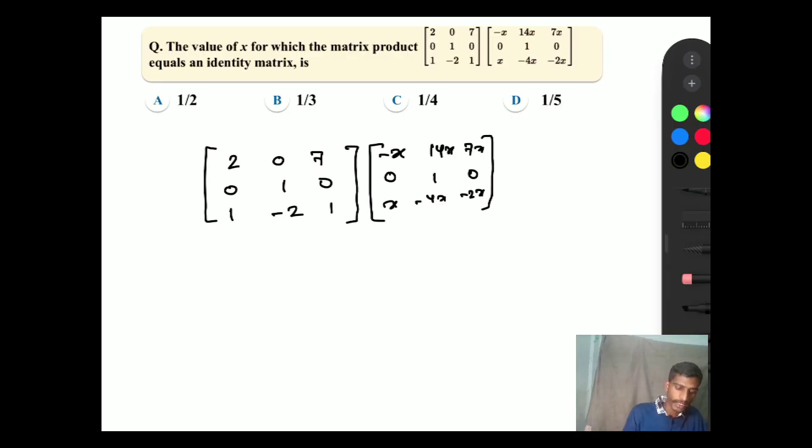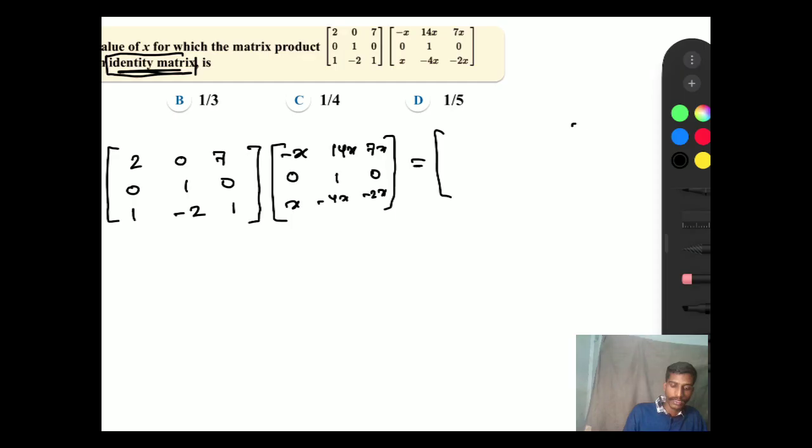It is said that the product should be equal to the identity matrix. What is an identity matrix? I have mentioned earlier that if the diagonal values are 1 and the rest of the values are 0, then it is an identity matrix.